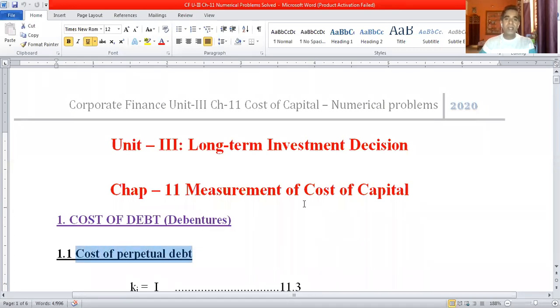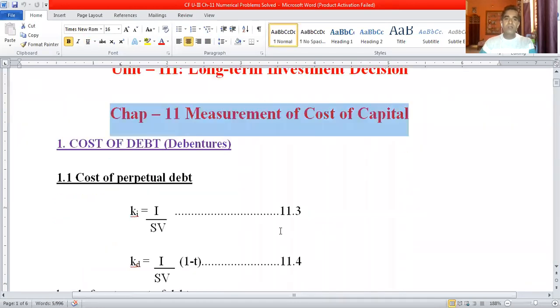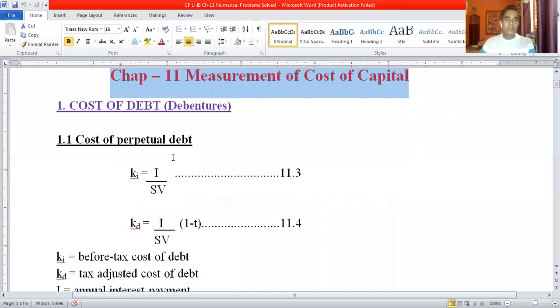This is from Unit 3, Long-Term Investment Decision, Chapter 11, Measurement of Cost of Capital. In the previous class, we understood that there are different sources of capital, and the first one we are going to learn is the cost of debt or cost of debentures.